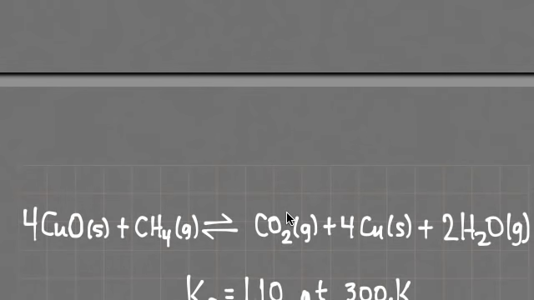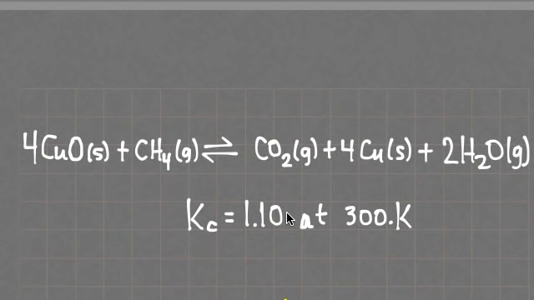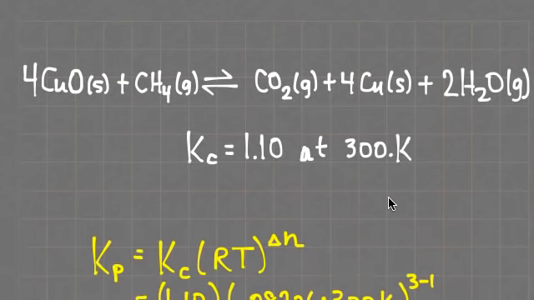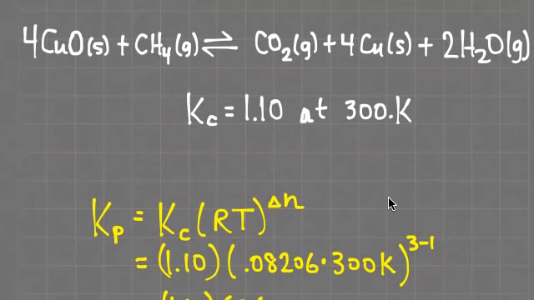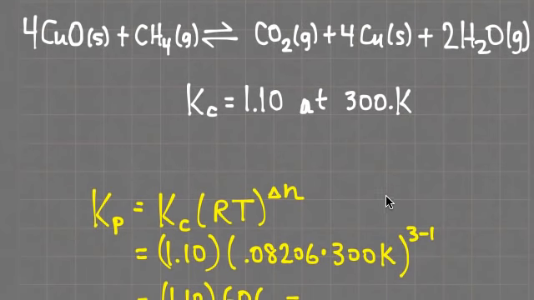Alright, another example. Let's see. Here I have a solid. Oh, and over here I have another solid, so let's not let those solids get in the way. But my concentration constant, 1.1, I'm told that value at 300 Kelvin. Alright, so if I know Kc, can I find Kp? Well, there's 2 moles of gas over here. That's not even in the constant expression.